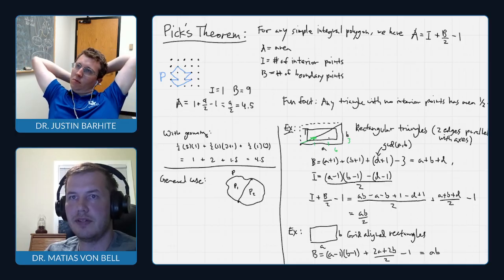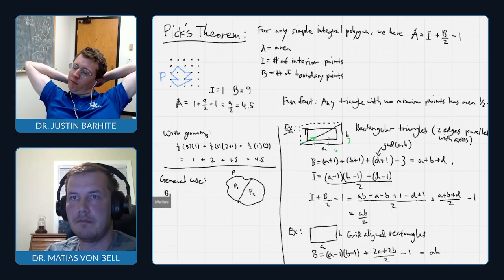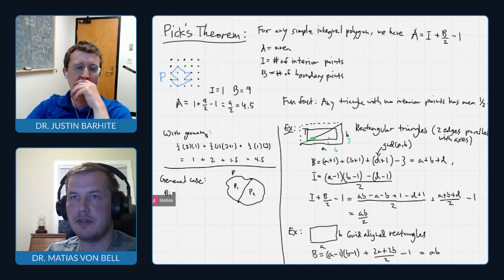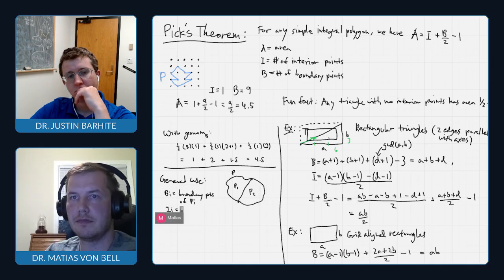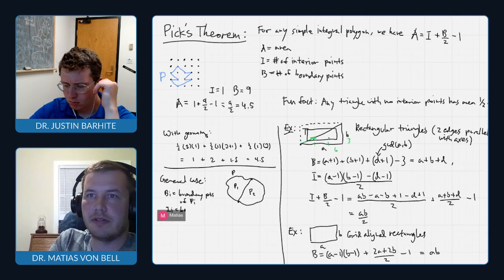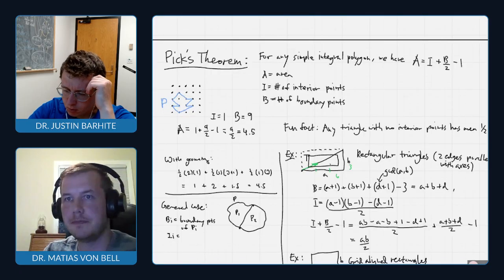And so now we have: BI is the number of boundary points of PI. II is, no, not boundary, interior points.